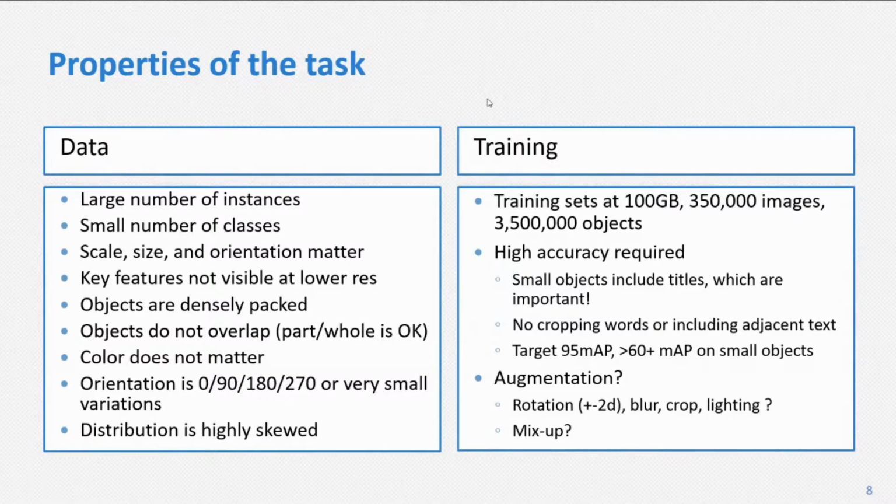And this boils down to a high desire for precision and recall. People have been working on this problem for a while, and I've seen numbers like 95 mAP, which seems doable if challenging, but the harder thing is the precision and recall on the small objects. I will come back to this at the end.